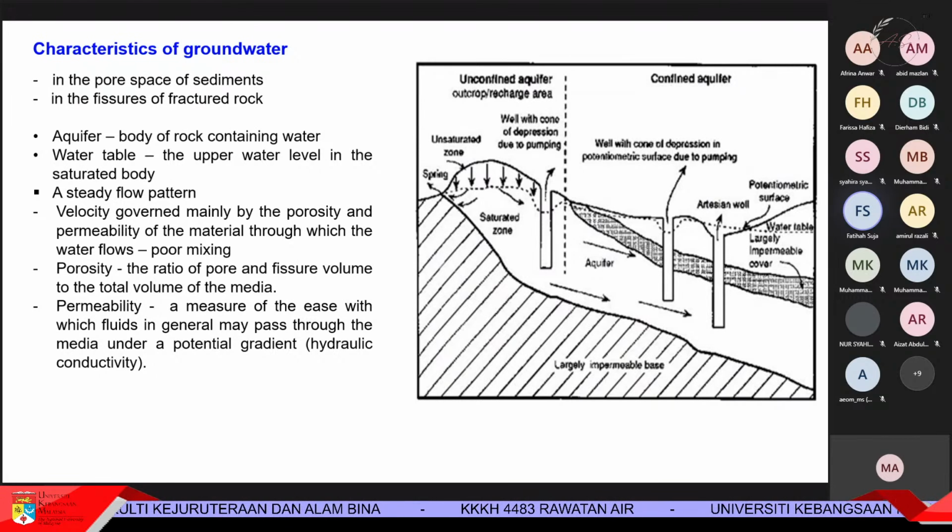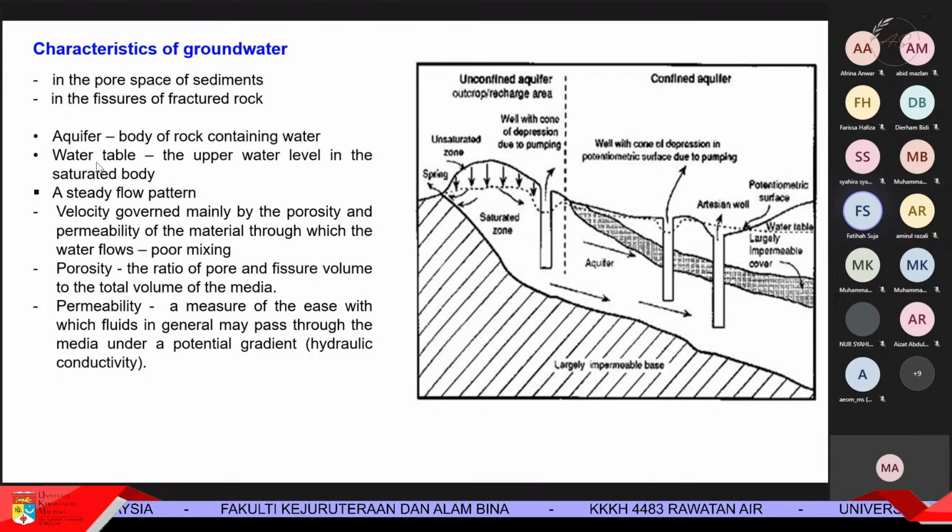So the body of rock or sediments containing the water, you call it aquifer. Aquifer, and the upper water level in here, this is the water table. These are the terms that you should know. Aquifer, body of rock containing water; water table, the upper water level in the saturated body.